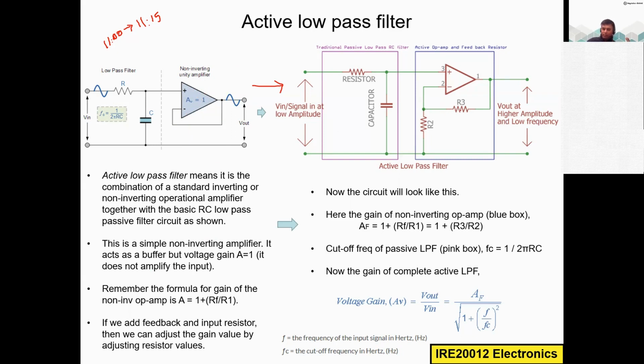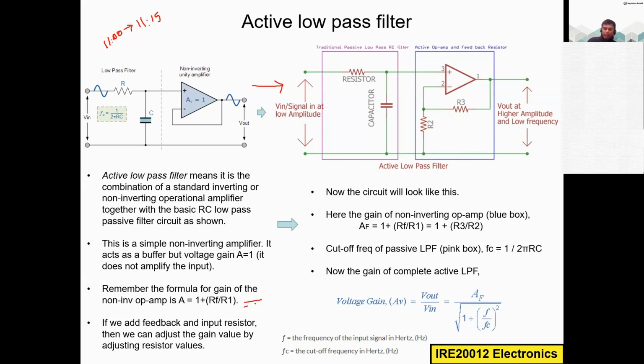Here you can see this is the feedback resistor and this is the input resistor. Then you know the output formula of this operational amplifier: the gain of the non-inverting operational amplifier is 1 plus RF divided by R1.